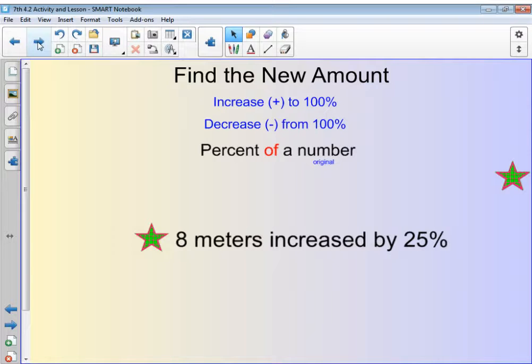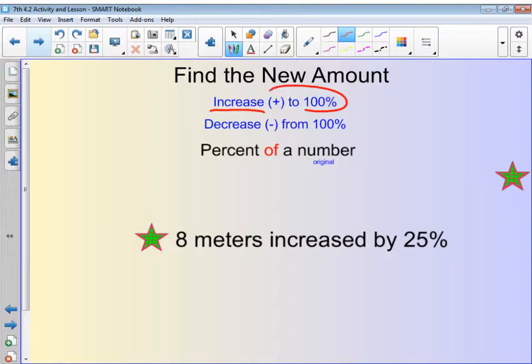So the key thing to remember is in this we're going to be doing some increasing or decreasing in our very first step. If it told us that a number increased by a certain percentage, we're going to add. So if we had an increase, we're going to go ahead and add 100% to that original percent. So that'll be our step in the very beginning.